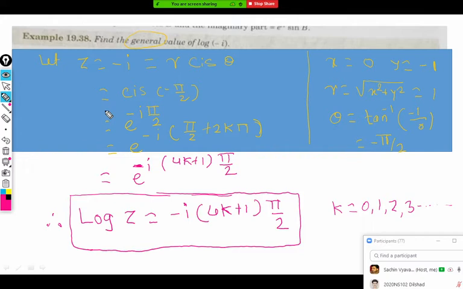This is one of the important articles. Remember, questions are coming on log of complex number. Generally, you will find at least one question in the question paper on log. The question was to find a general log of minus iota.